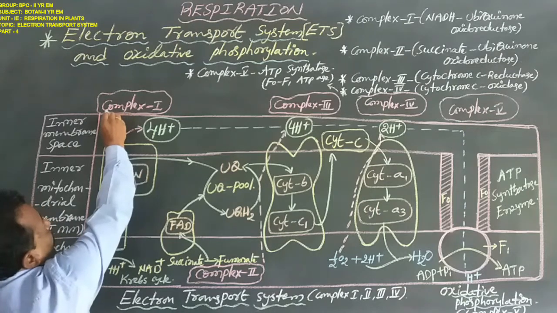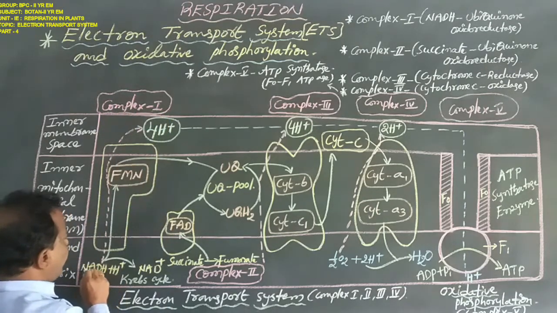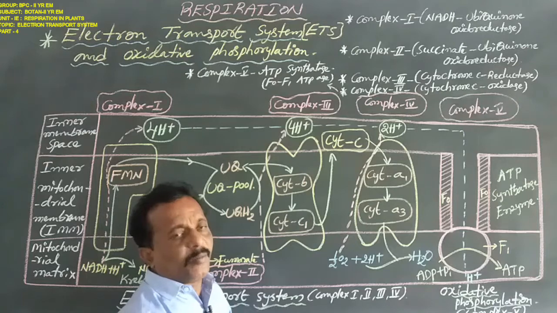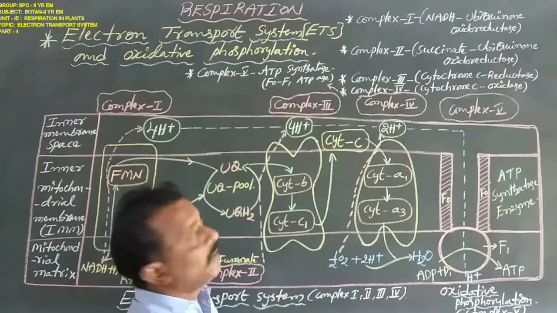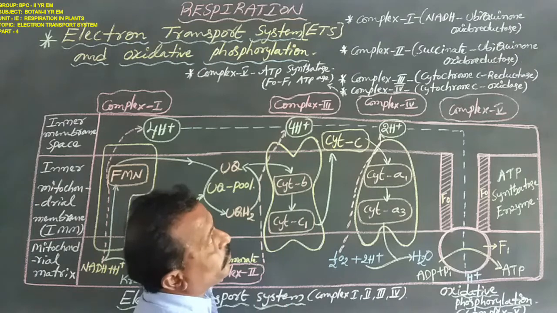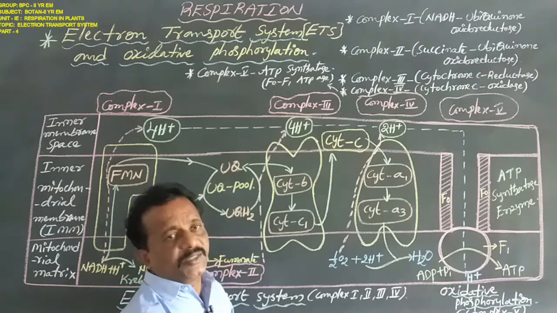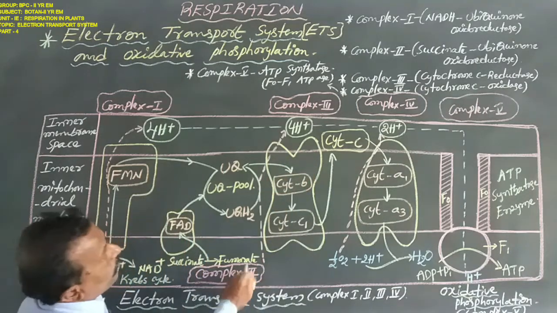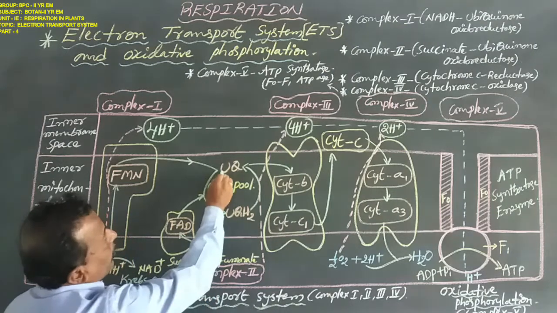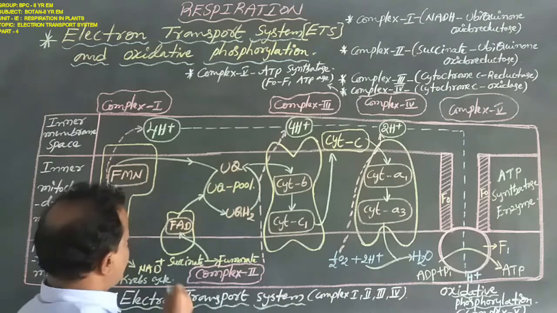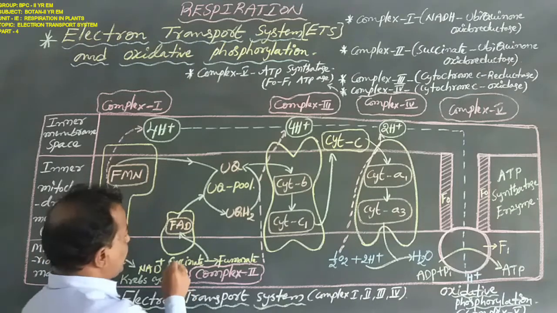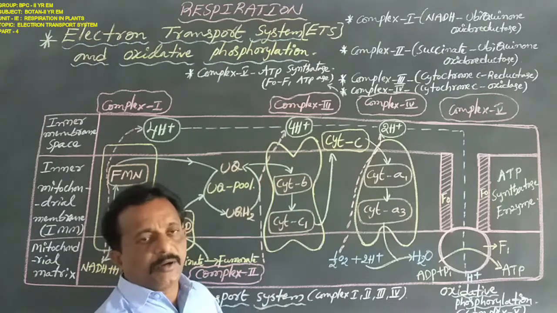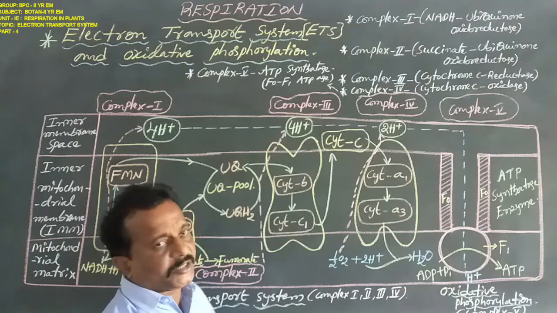Complex 1 contains NADH ubiquinone oxidoreductase; this is a complex 1 enzyme. And complex 2 is succinate ubiquinone oxidoreductase. Succinate is succinic acid. Succinate or succinic acid ubiquinone oxidoreductase, involving oxidation and reduction reactions.